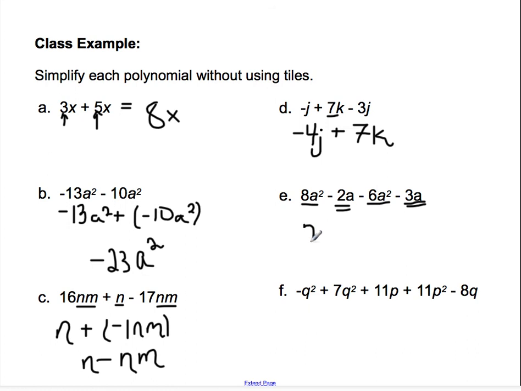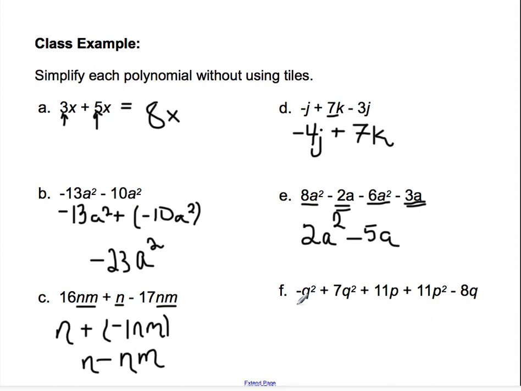After I zero out, I will have 2 white, assuming that my white is positive. And then I have 2 blacks and 3 blacks, so I would have 5 blacks. So negative 5a. Since these are different tiles, an a squared and a variable tile, you can't put them together. It's like saying apples and oranges.